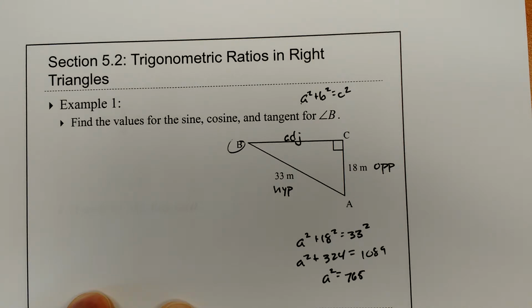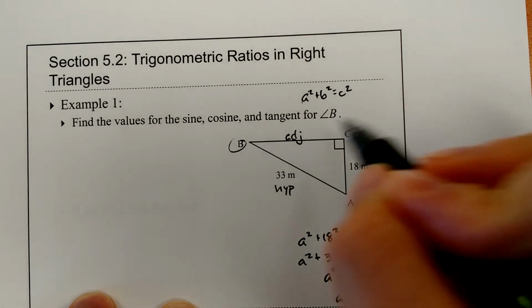Let's see what goes into it. Nine is the biggest perfect square, so a is equal to the square root of 765, which is 3 root 85.